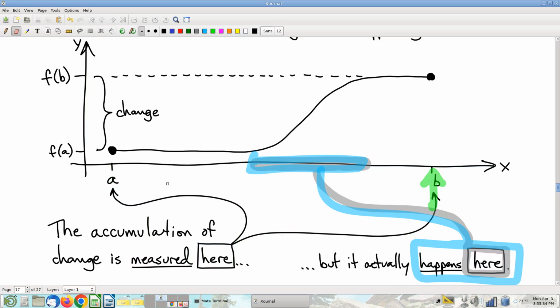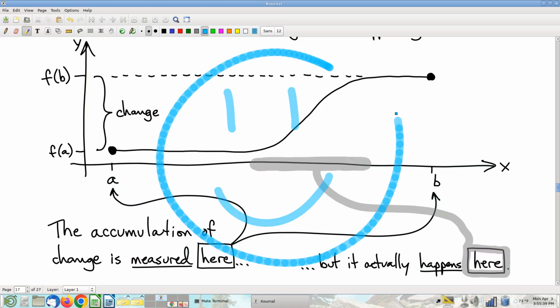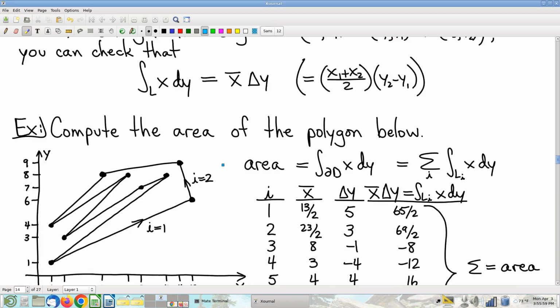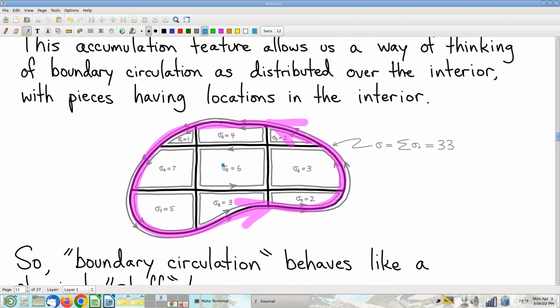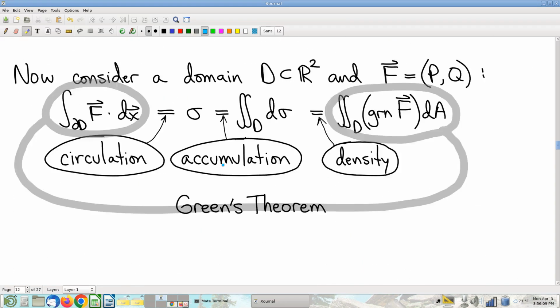My hope is that you'll find intuitively satisfying the idea that change is computed on the boundary, but it actually happens in the interior. Of course it does. Look at the picture. And to the extent that you're satisfied with this point of view on this accumulation theorem, you might be more comfortable with this point of view on this other accumulation theorem. So that's my first motivation.